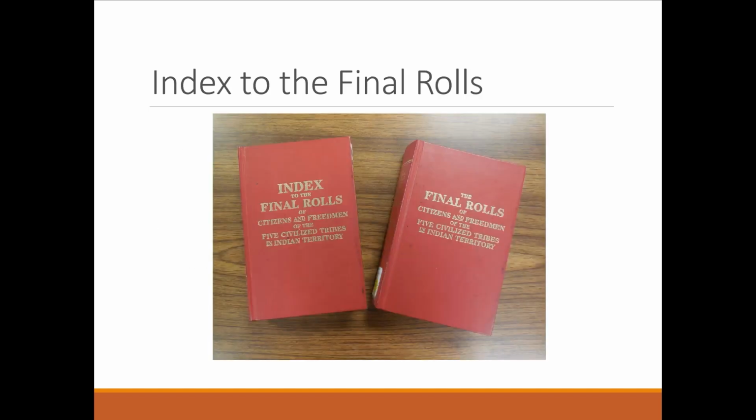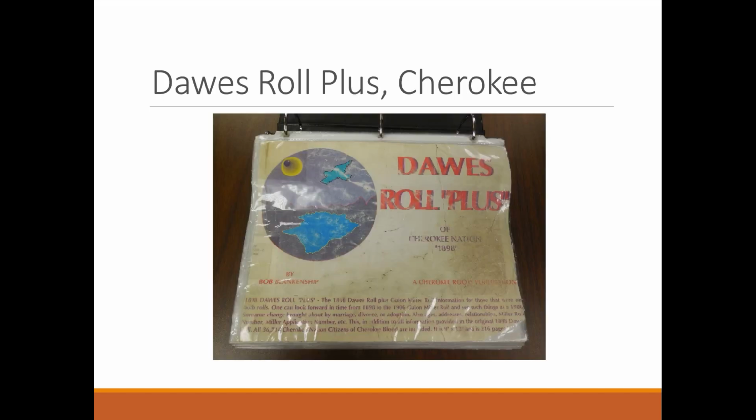This is a 2-volume set of index to the final rolls. But you won't get any additional information, you just get the numbers. This is a Cherokee book, the Dawes Roll Plus, and as you can tell, it gets a lot of use at Muskogee Library. So we finally had to take the pages apart and put them in protective covers to use them.